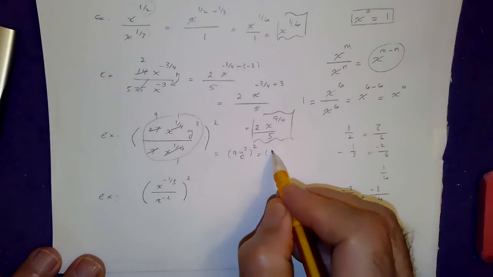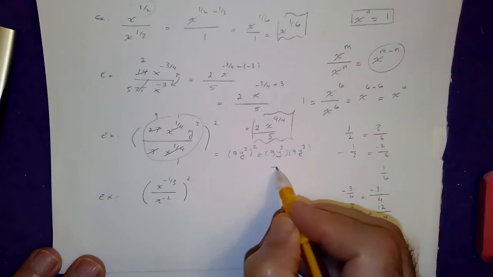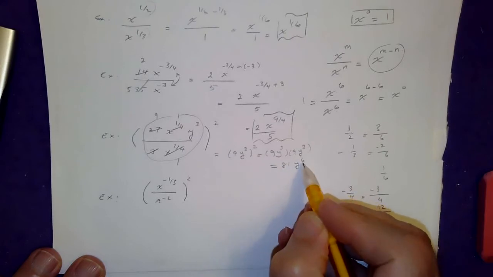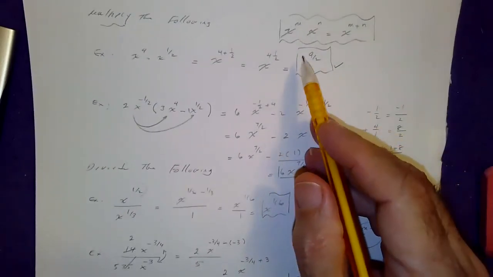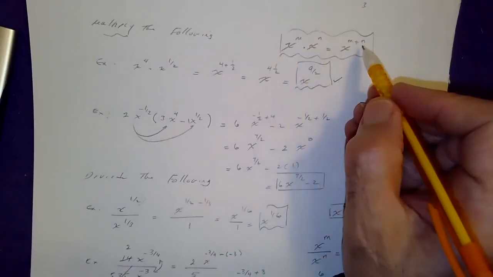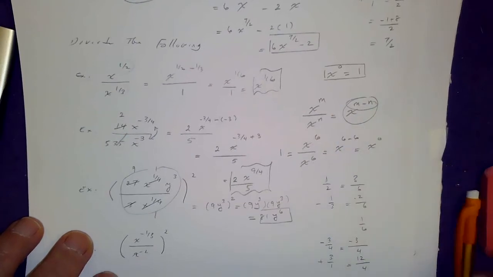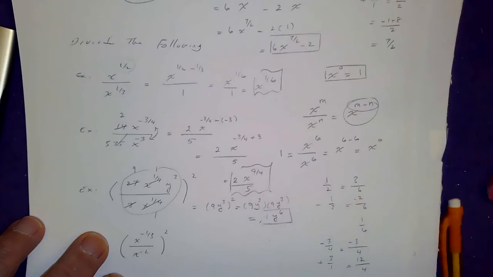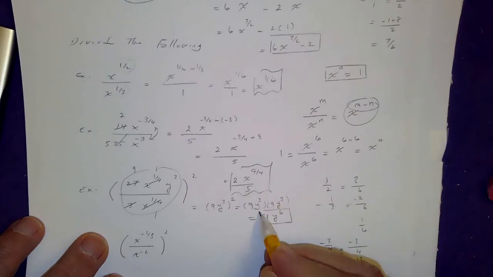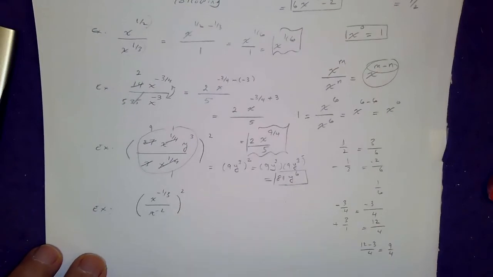But remember, this is the same as 9y cubed times 9y cubed, which is 81y to the 6. Remember, when you multiply exponents, you add the powers. When you divide exponents, you subtract the powers. So in this case, y to the third times y to the third is y to the what? 6.